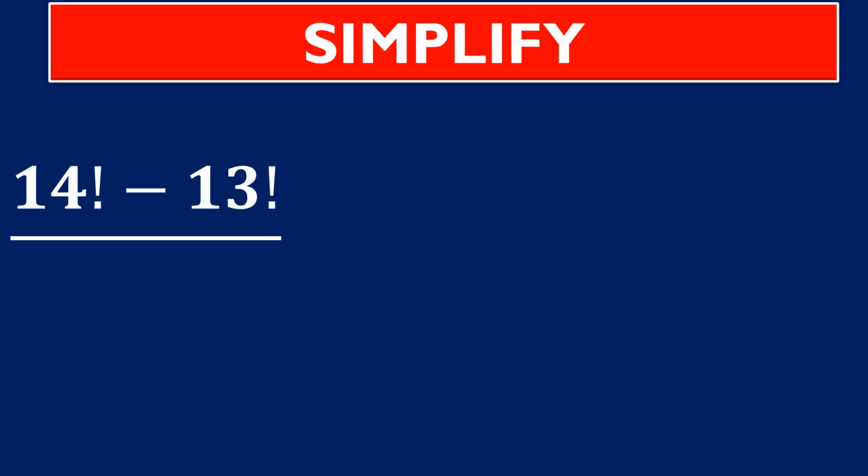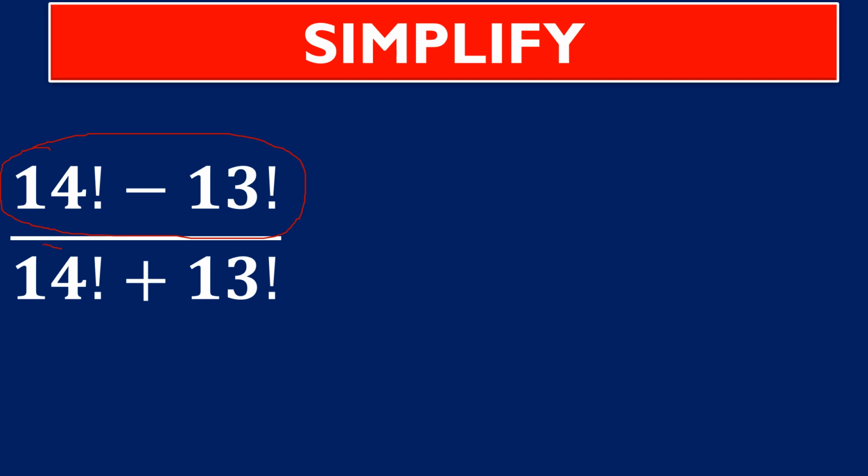You recall our question of the day, which is 14 factorial minus 13 factorial, all divided by 14 factorial plus 13 factorial. So in the numerator, that is the value at the top, and the values below are called the denominator. Now, in the numerator, you notice we have 14 factorial minus 13 factorial.